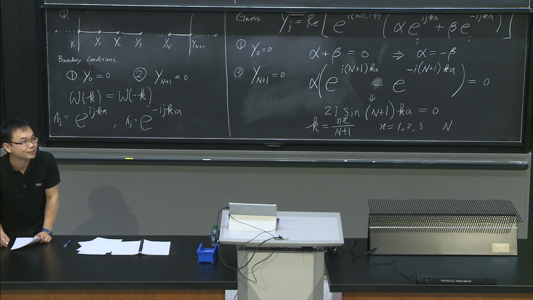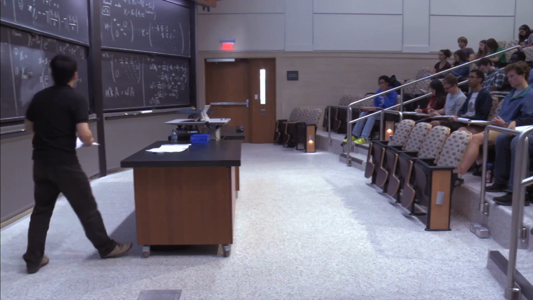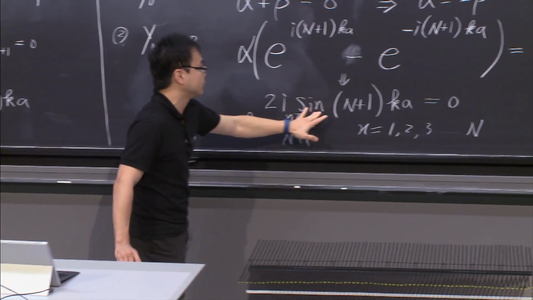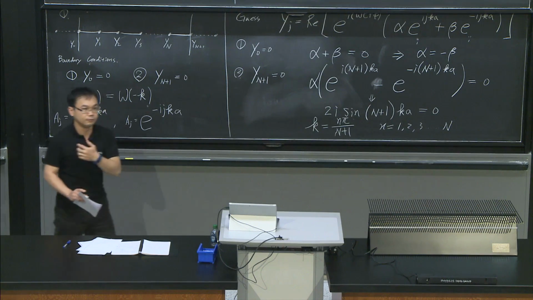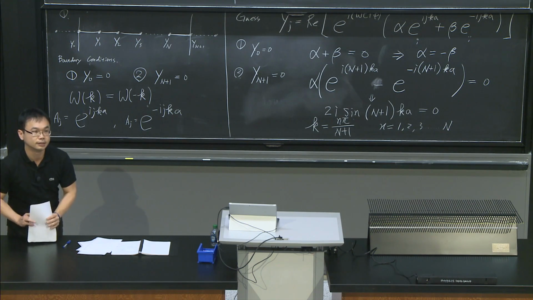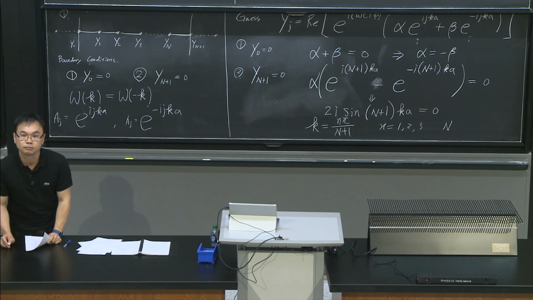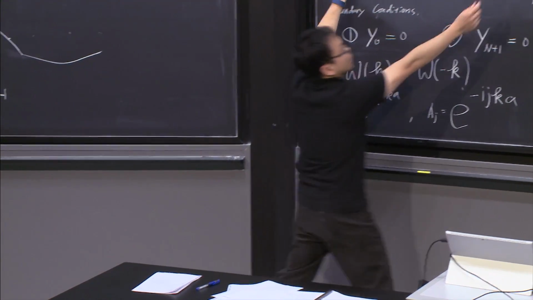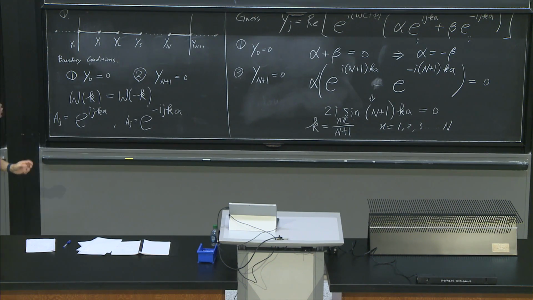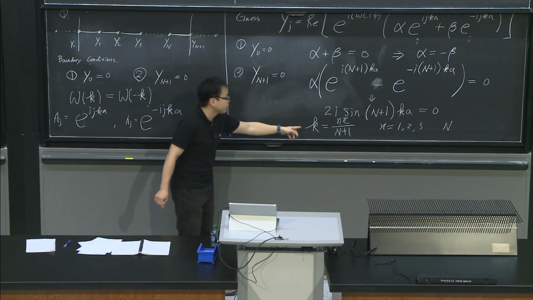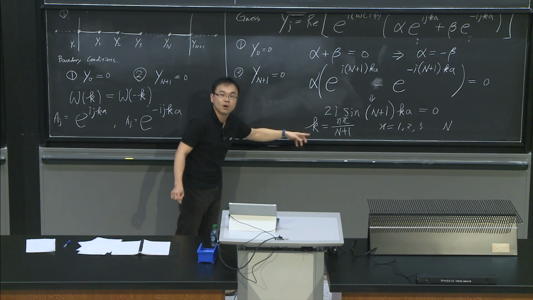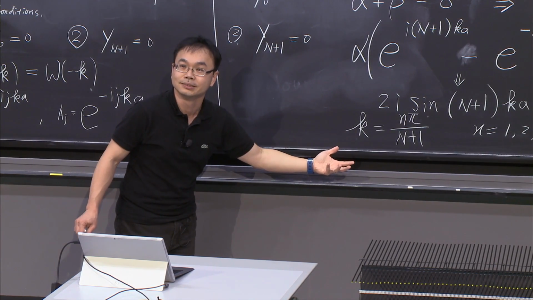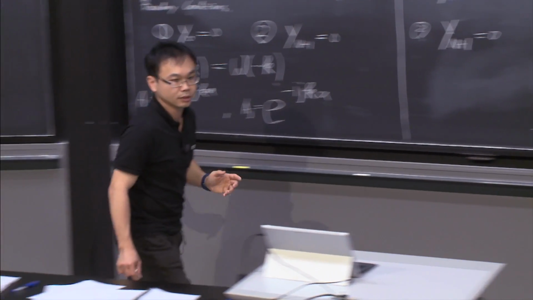N normal modes, right? So what I want to tell you is that, in general, this sinusoidal shape is actually fixed already by this translation symmetry argument. And once we nail both sides, we also restrict ourselves to the discussion of only a few k, which satisfy the boundary conditions.